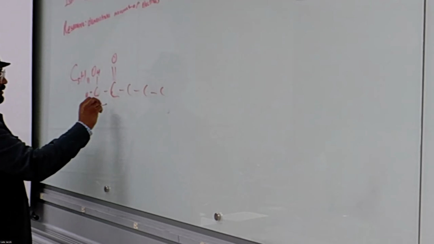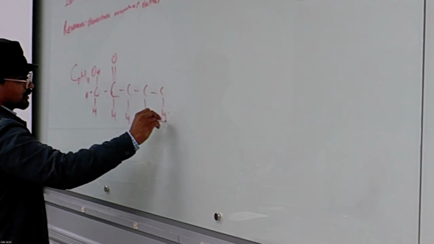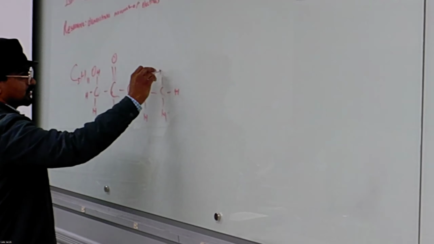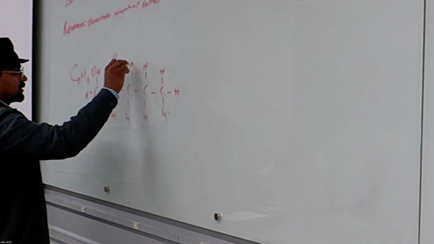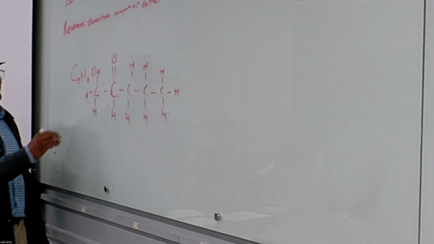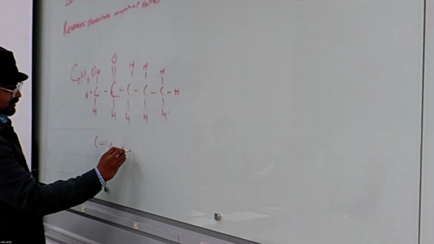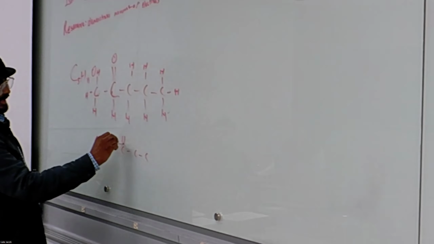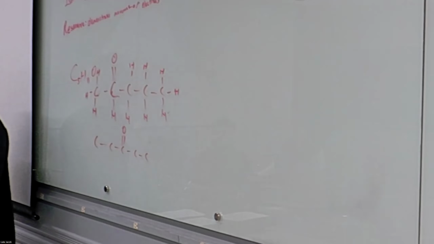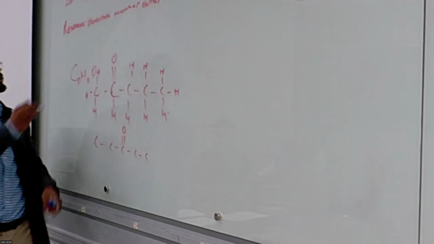That would be some sort of structure. And the isomer of this would be simply the same thing, but now you have an O here. That would be an isomer.